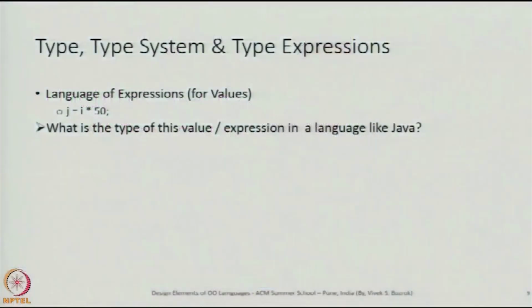For example, here we have J equal to I star 50. The 0 in front is basically a bullet, don't worry about that. That's basically a statement. Now, what is the type of this value expression in a language like Java?